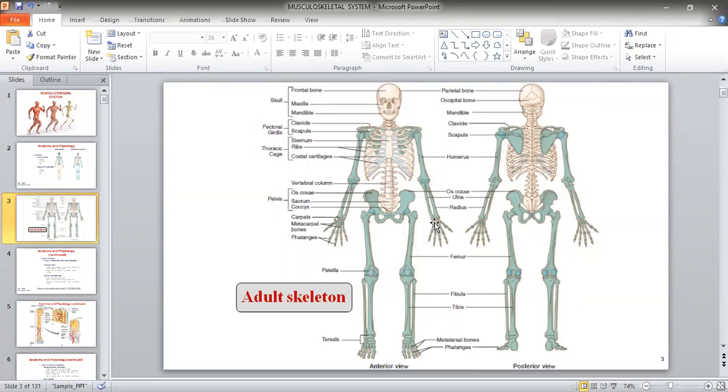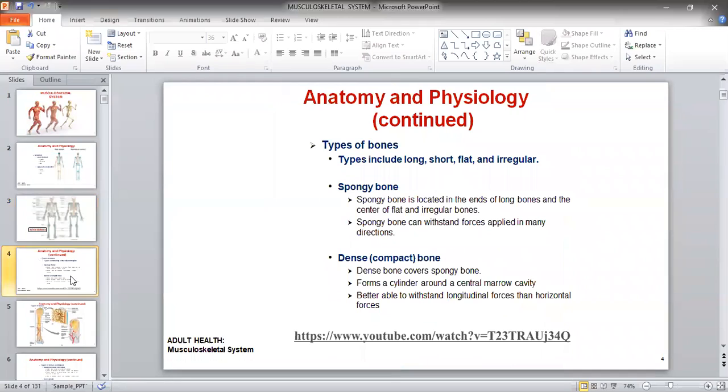So the musculoskeletal system is about its anatomy, or how they work, anatomy and physiology. You know, physiology is the function of the system. So the musculoskeletal system is made up of the bones of the skeletal system, and they work with muscle, cartilage, tendon, ligament, and joint.